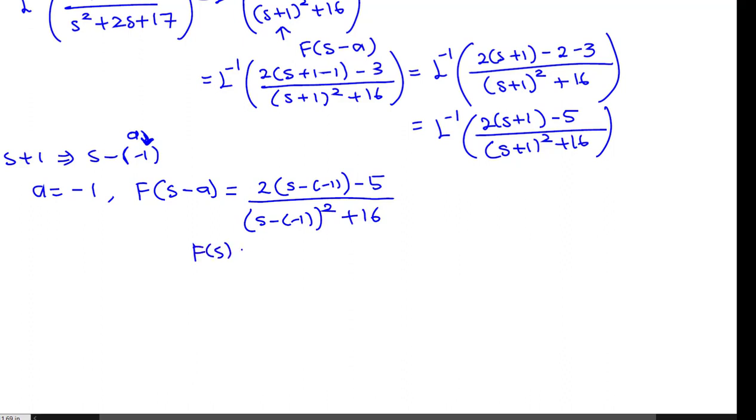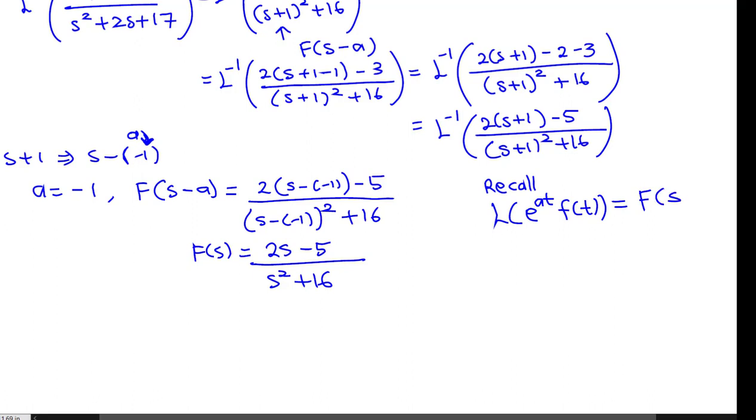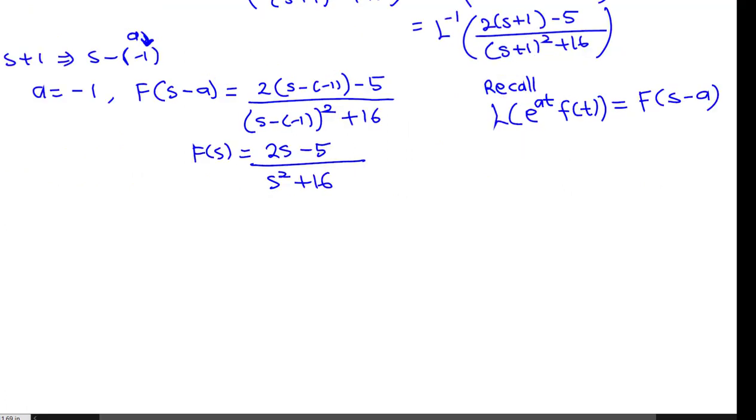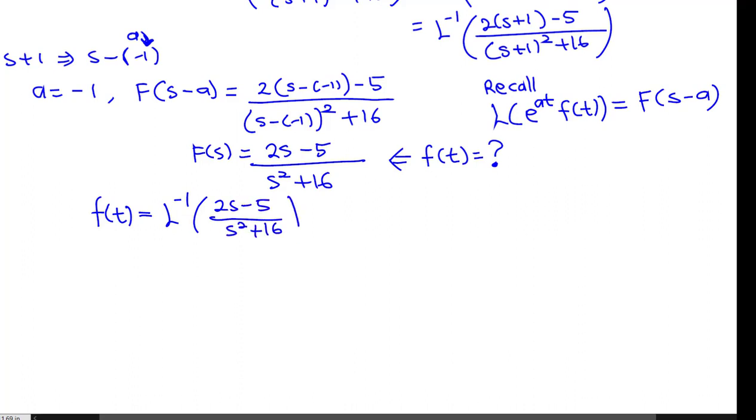So F(s) is equal to (2s − 5) divided by s² + 16. You recall Laplace e^(at) f(t) is equal to F(s − a). So from here, what is f(t)? f(t) is equal to Laplace inverse (2s − 5) divided by s² + 16.